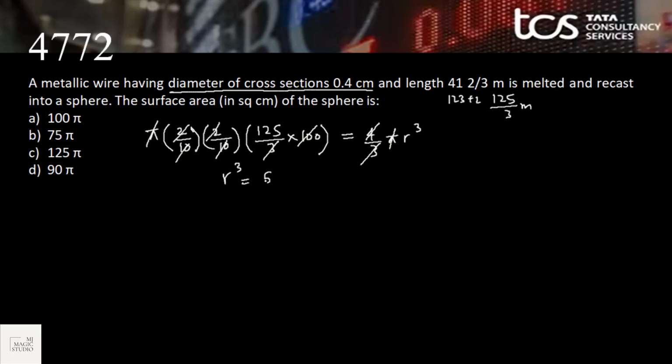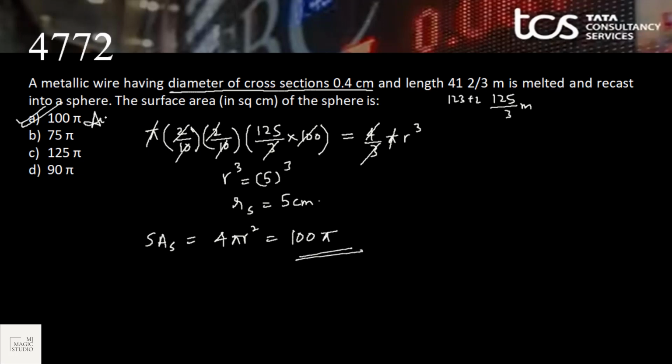So r cube is 125, that is 5 cube. That means radius of the sphere is 5 centimeter. The surface area in square centimeter of the sphere is given by 4 pi r square. R is 5. 5 into 5 would be 25, into 4 is 100 pi square centimeter. Good, that we have in option A.